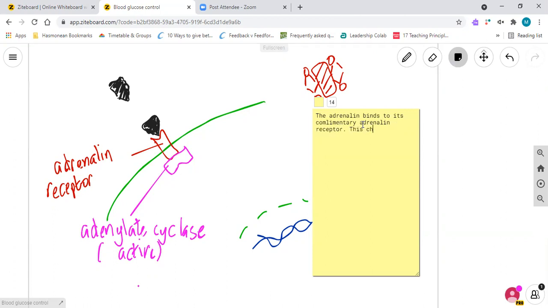This changes the tertiary structure of the receptor, which causes the activation of adenylate cyclase.